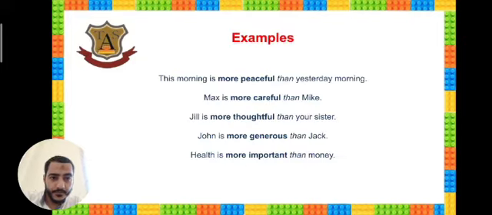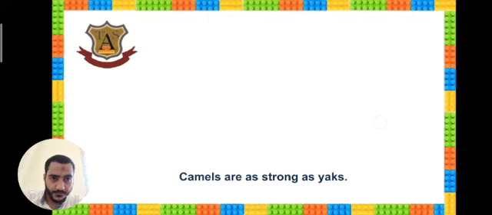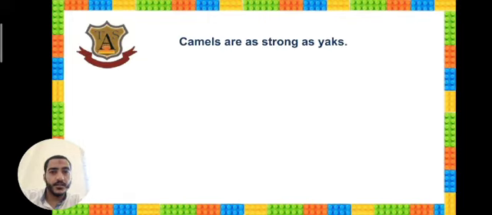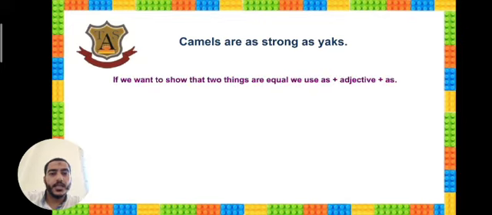Next, this is the next part of our session. Camels are as strong as yaks. If we want to show that two things are equal in one adjective, we use as plus the adjective plus as.